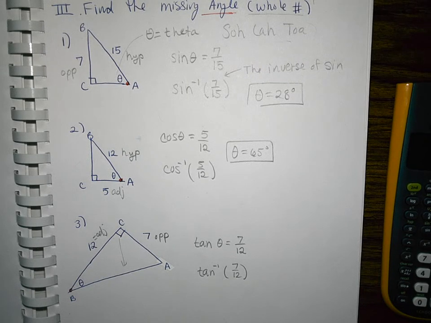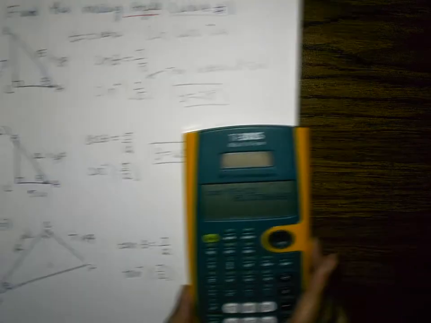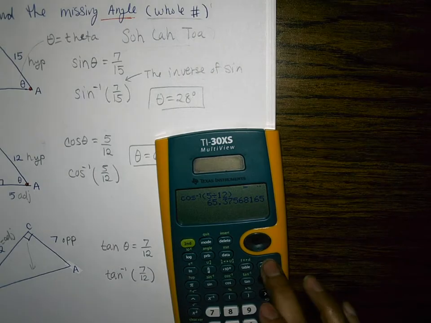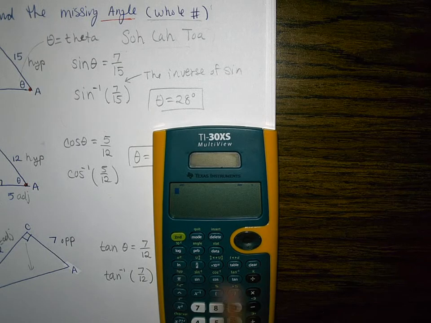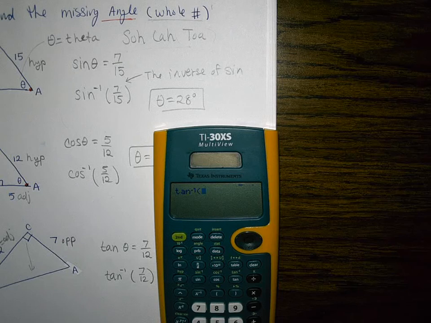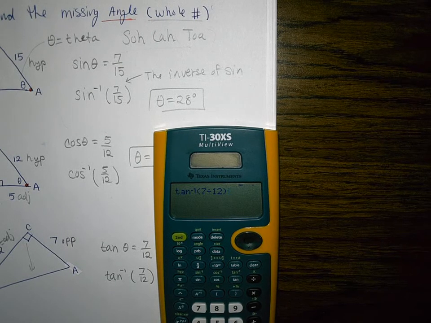All right, so let's get our calculator ready. Clear. Don't forget, you always hit second or shift, second, tangent, and there's a little -1 telling me I'm using my inverse key. 7 divide 12, close parentheses. And again, you're telling the calculator, hey, I don't know the angle, but I know the answer.